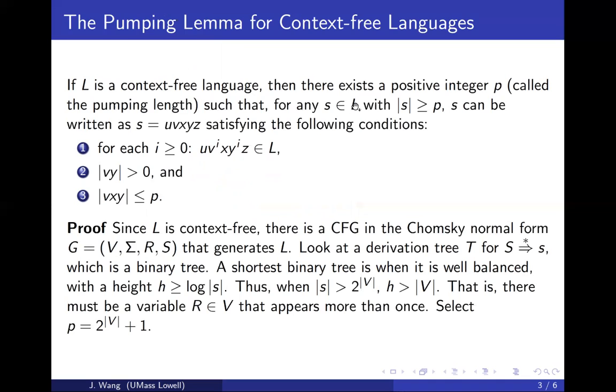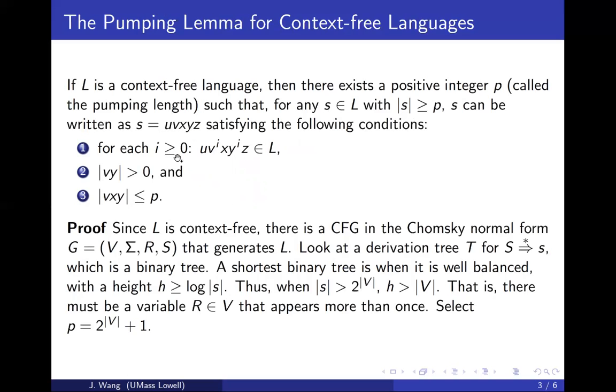Then we know that there exists a positive integer p, which we call the pumping length, such that for any string s in L, which means s is either accepted by the PDA for L or generated by a CFG for L, when the length of s is greater than p, which can be converted to the height of the derivation tree being high enough, then s can be written as UVXYZ, satisfying the following conditions.